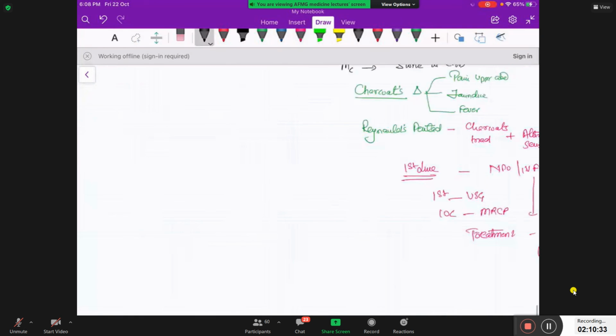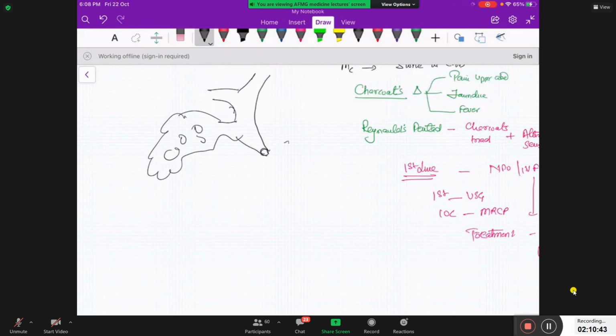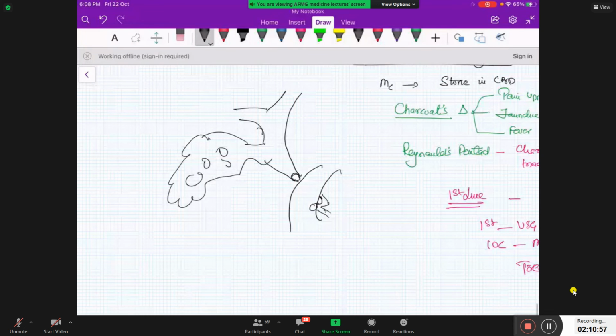Agreed? There is a pancreatic duct and there's an ampulla here. There is a block here, which is the reason for these patients being in an acute problem.